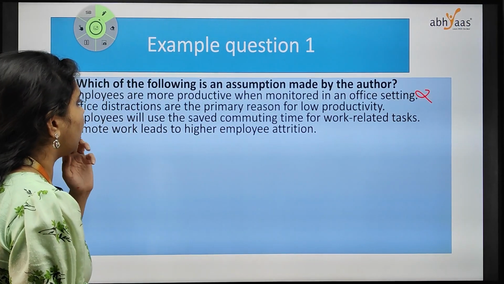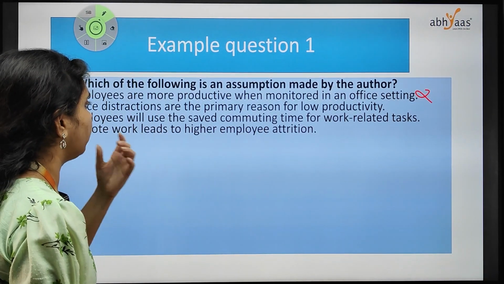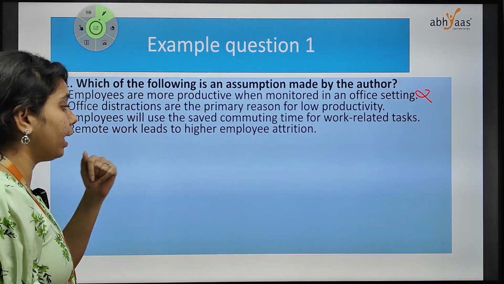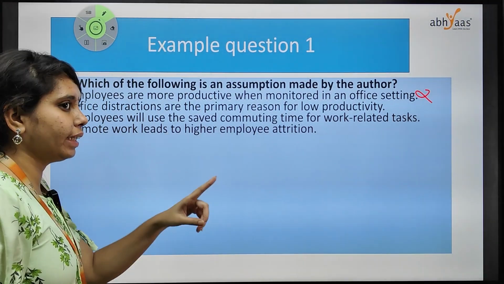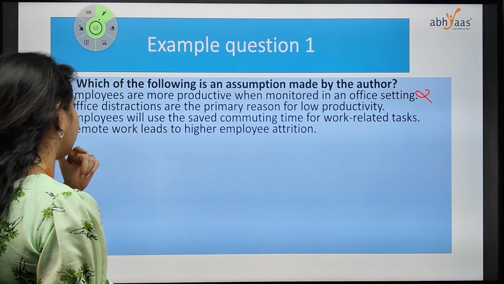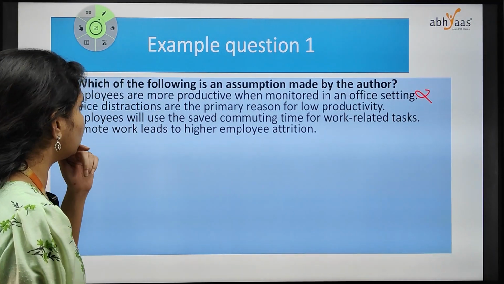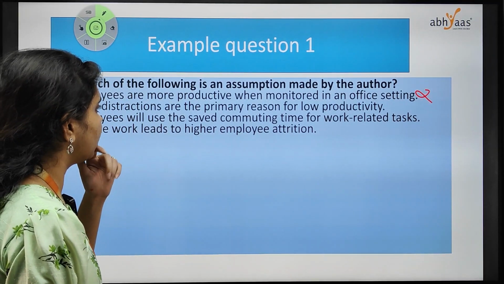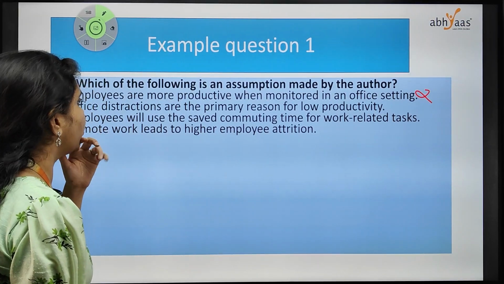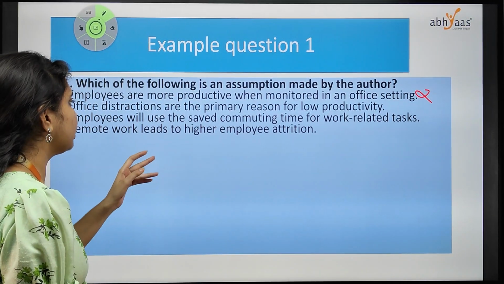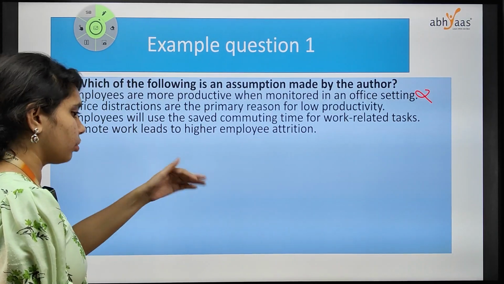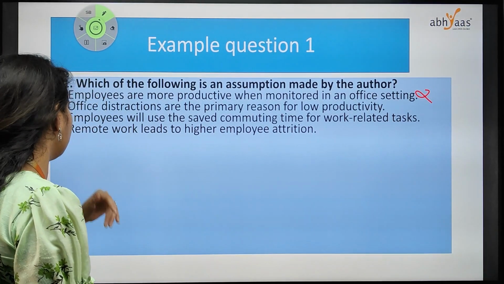Office distractions are the primary reason for low productivity. Yes, this can stand as one of the assumptions that the author had while writing this, because he stated less commute and other distractions. Employees will use the saved commuting time for work related tasks. Yeah, again, here also it is being mentioned about the transportation issue, commuting issue.